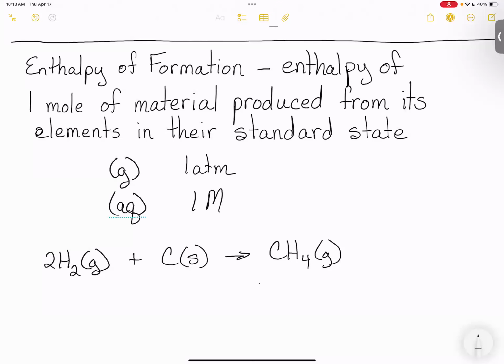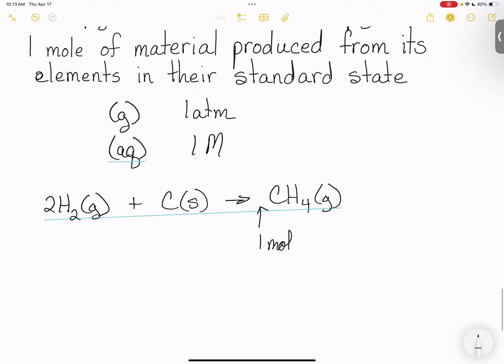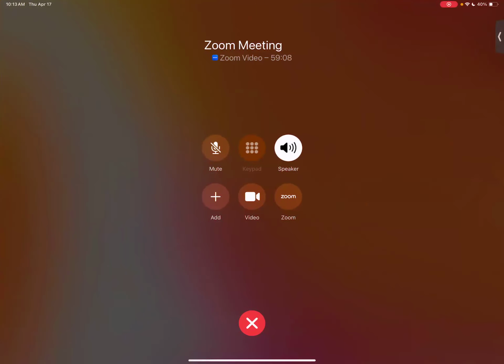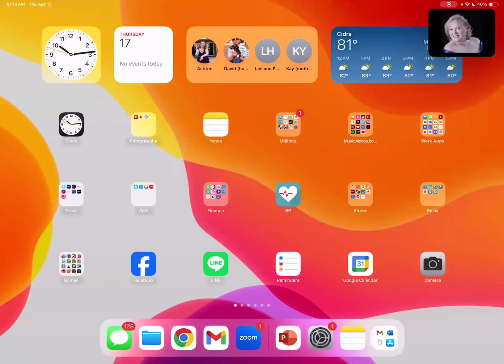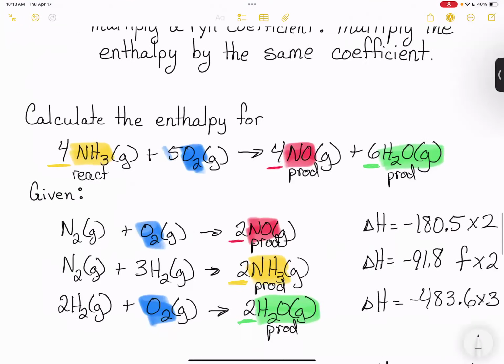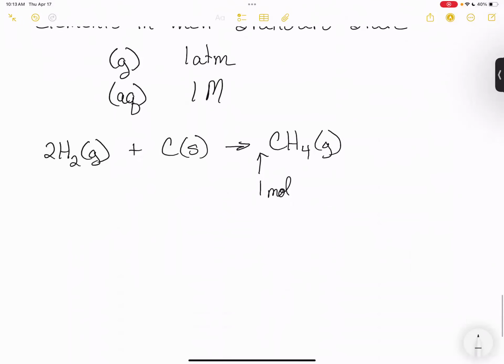Notice it is 1 mole of substance. Or I could take hydrogen gas plus 1/2 of an oxygen gas to make water liquid.